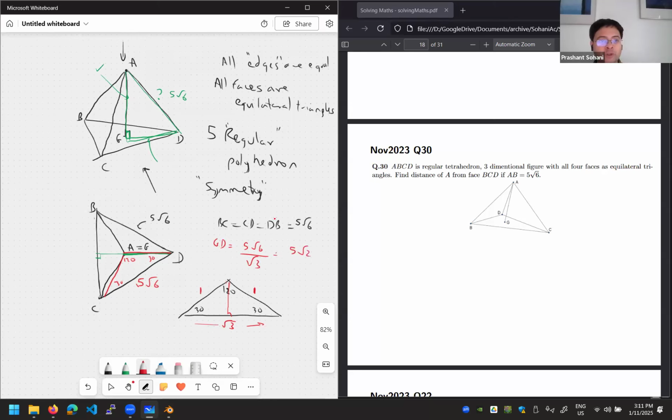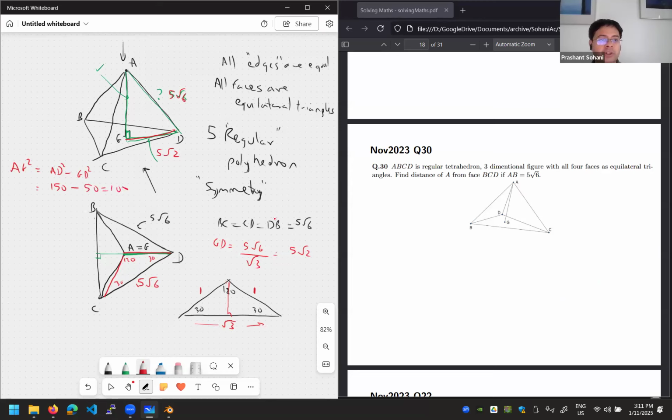So therefore, if I go back to my top diagram, I know now GD is 5 root 2. I know AD is 5 root 6. So therefore, now AG is just Pythagoras theorem. So AG square is AD square minus GD square, right? So 150 minus 50, right?